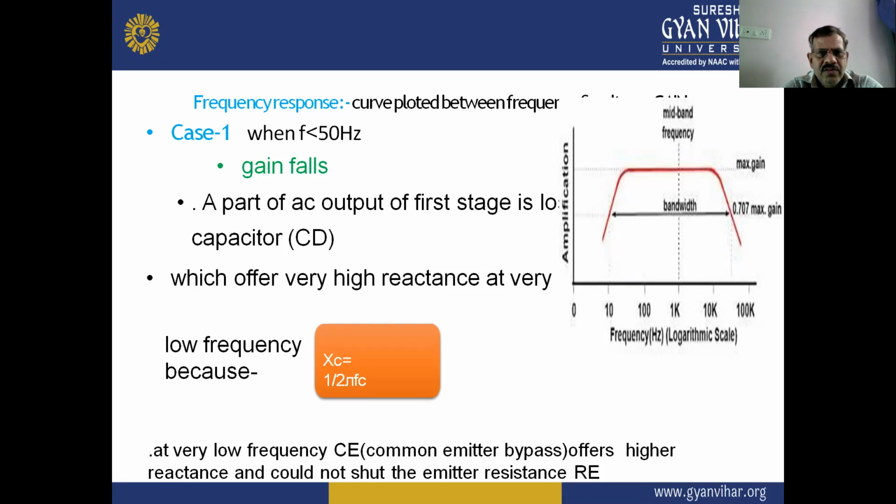So a part of AC output of first stage is lost in capacitor CC, which offers very high reactance at very low frequency, because XC equal to 1 upon 2 pi FC. This is the capacitive reactance. At very low frequency, common emitter bypass offers higher reactance and could not shunt the emitter resistance RE.